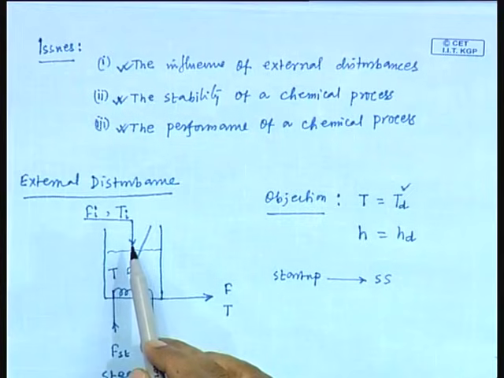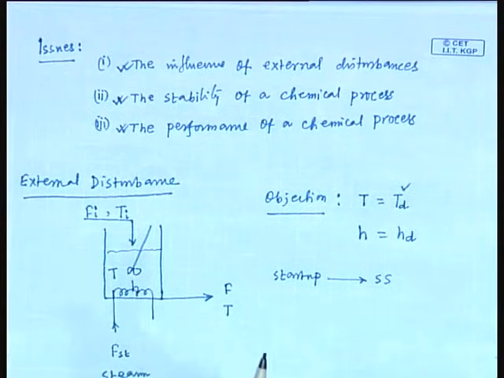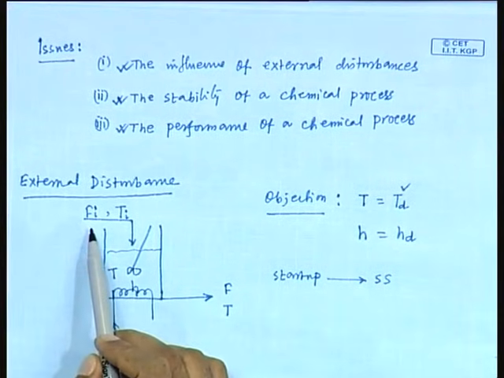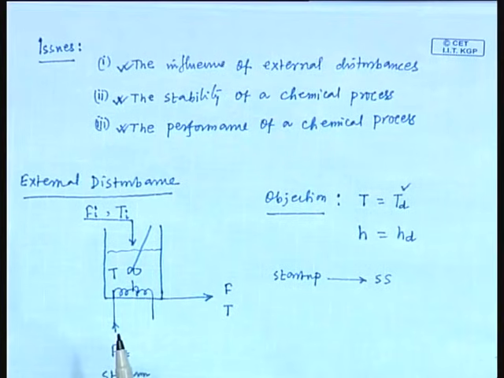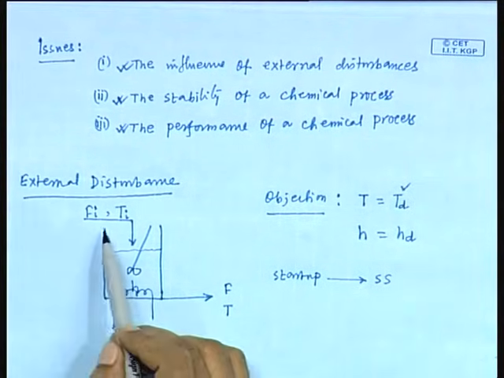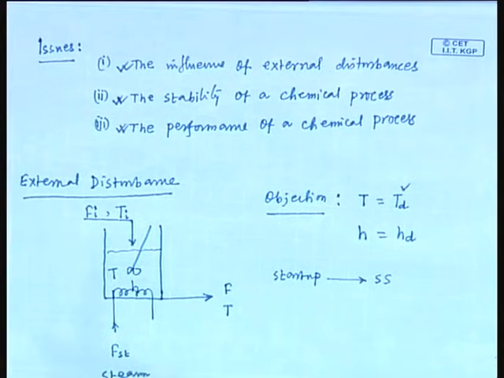Usually, the input variables may change with time, not regularly, but maybe in some interval. Say for example, this feed inlet flow rate which is coming from one upstream unit. So, we do not have any control on Fi and Ti exactly.